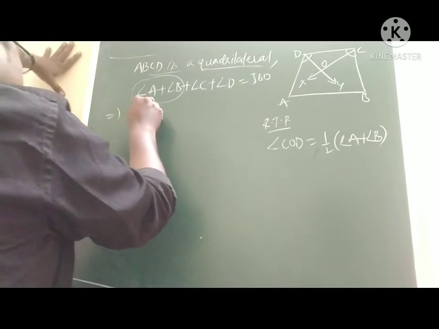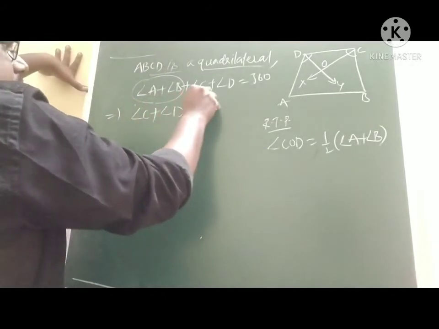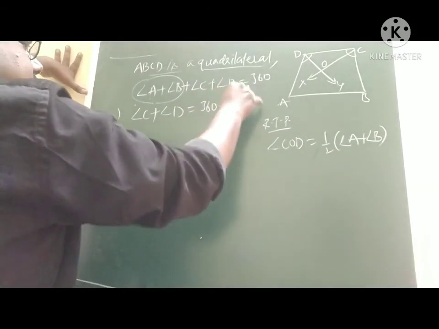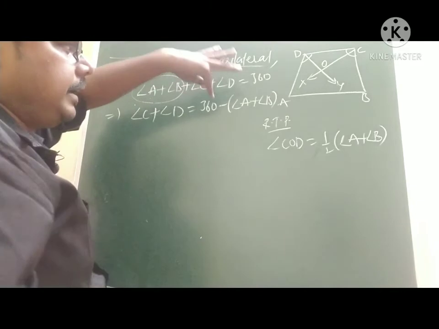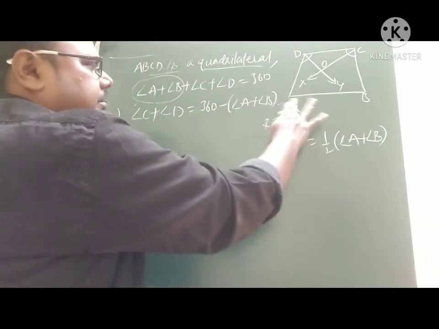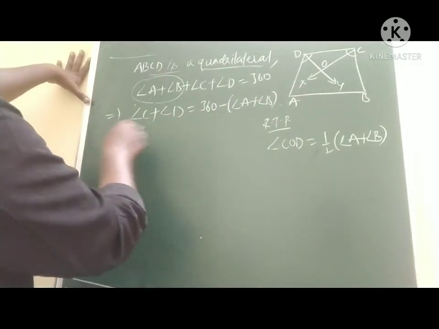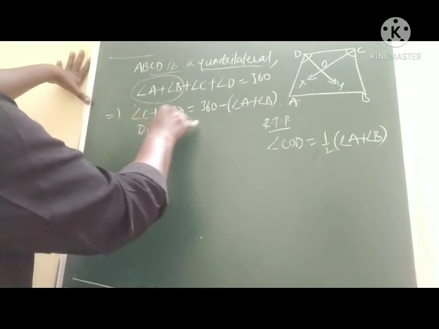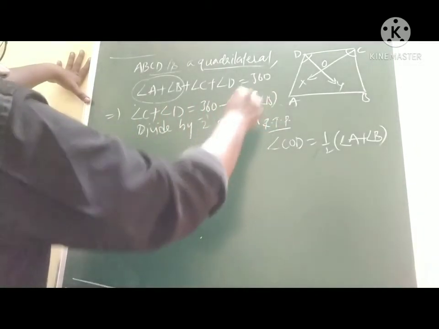So I'll be getting angle C plus angle D is equal to 360 minus of angle A plus angle B. Okay, I am not going to apply that negative sign. If I apply that, obviously I will be getting minus A minus B. So here now what I am going to do, divide by 2 on both sides.